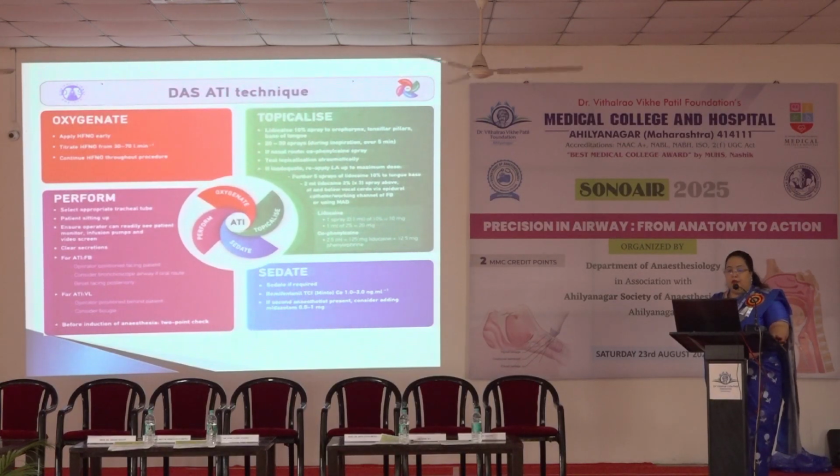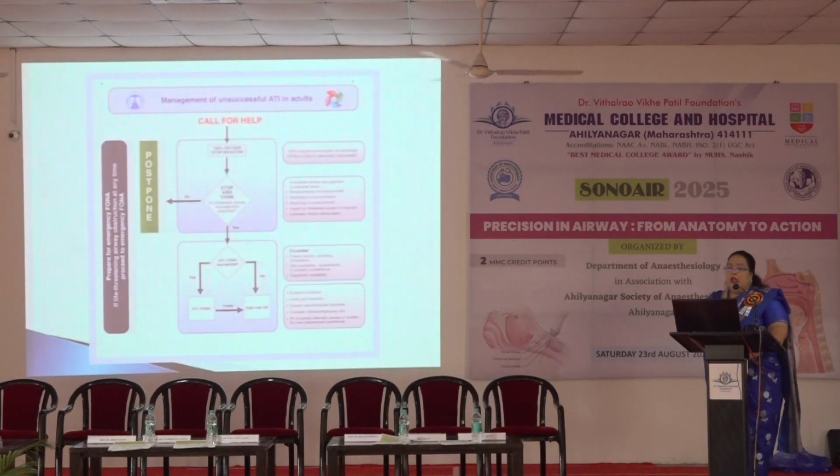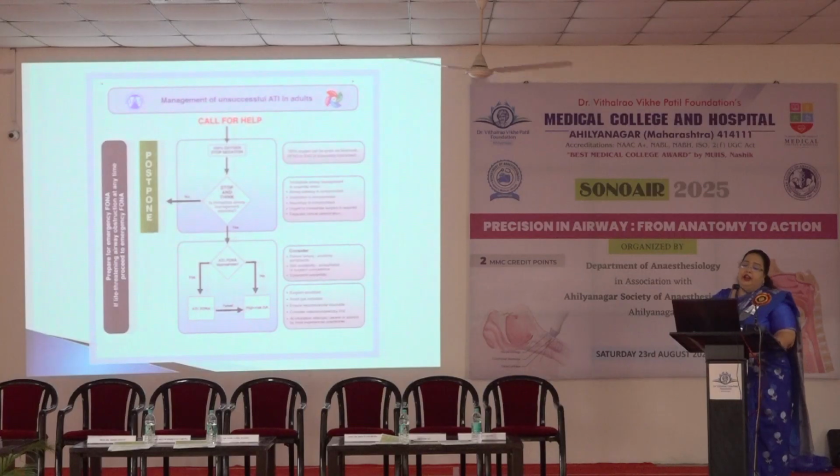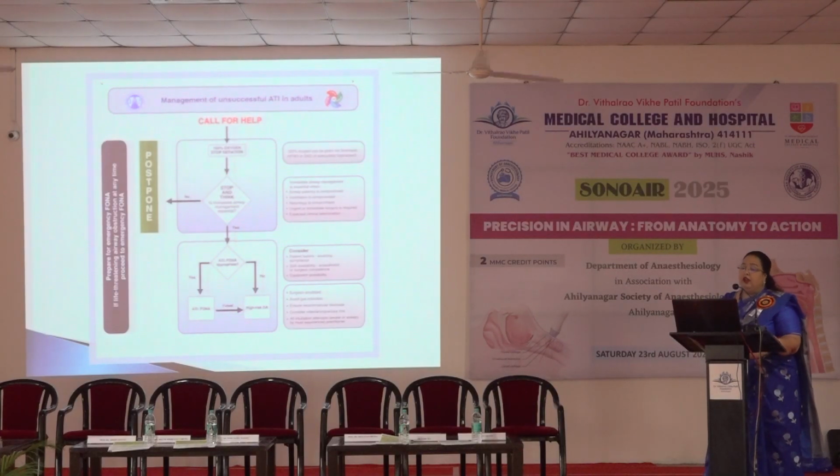Oxygenation is most important, and for awake tracheal intubation, first you have to properly prepare the airway, keep the fiberoptic ready, topicalize and sedate. You can sedate the patient if the patient is agitated, and then go for awake tracheal intubation. If the awake tracheal intubation is impossible or unsuccessful, you will call for help.